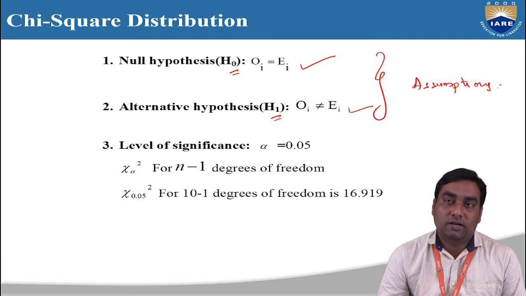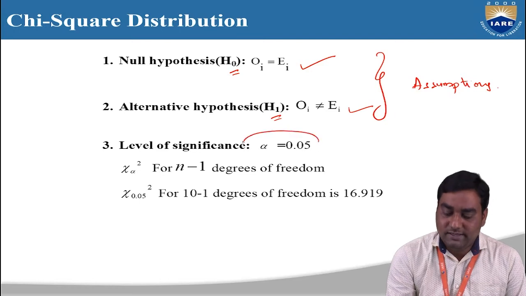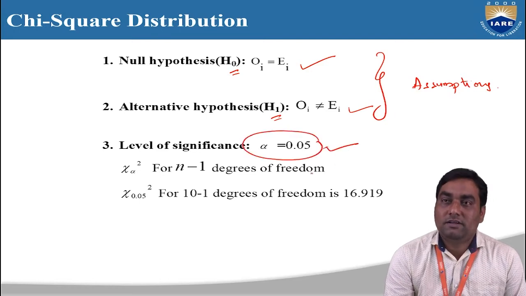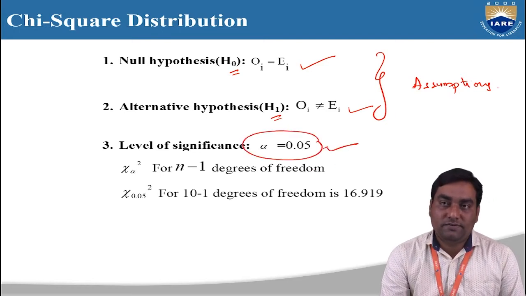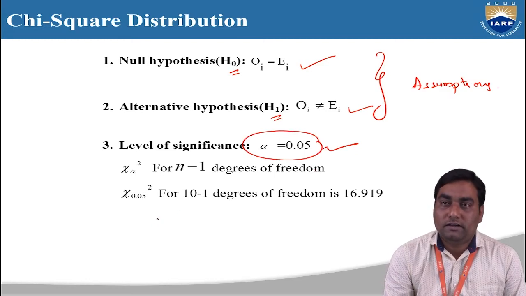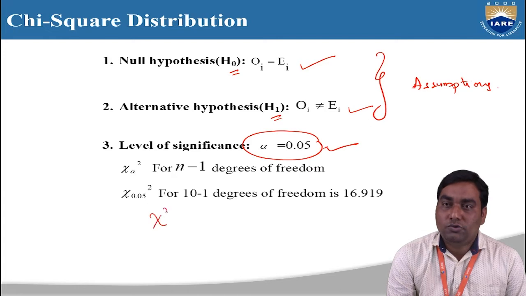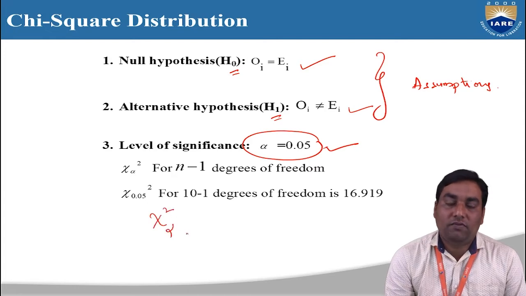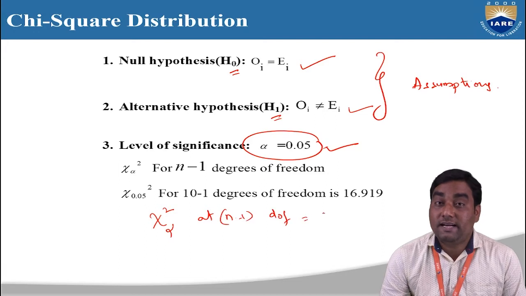Now, level of significance alpha value is not given. Generally, the standard level of significance we take is 0.05. Now, we have to choose the chi-square alpha value at n minus 1 degrees of freedom from the chi-square distribution table.